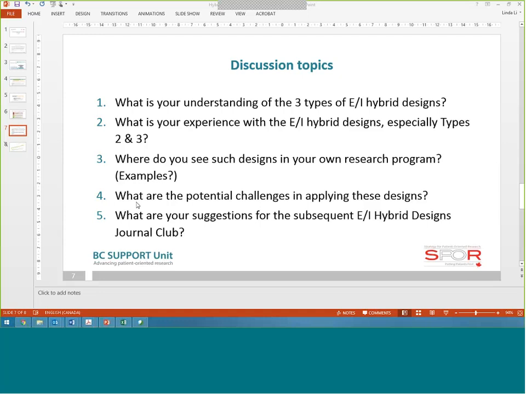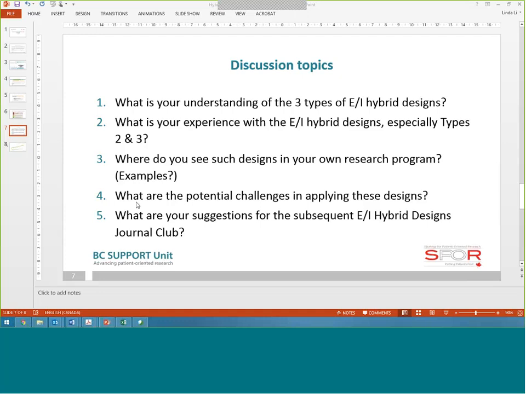And I don't think that's really being addressed in a step wedge design. You have a single method of implementation, and you're just trying to account for the fact that things change over time, and you need to adjust for that. A step wedge design does allow you to assess implementation effects, but it doesn't allow you to compare different methods of implementation.